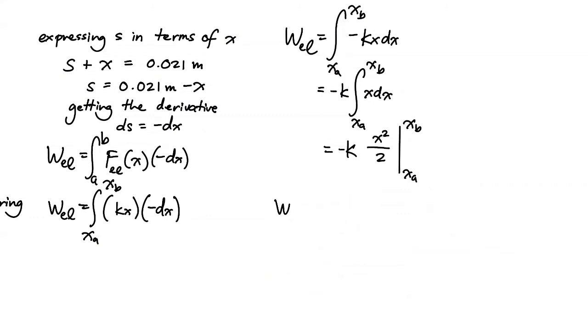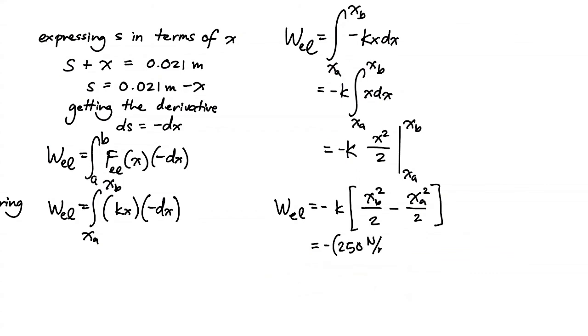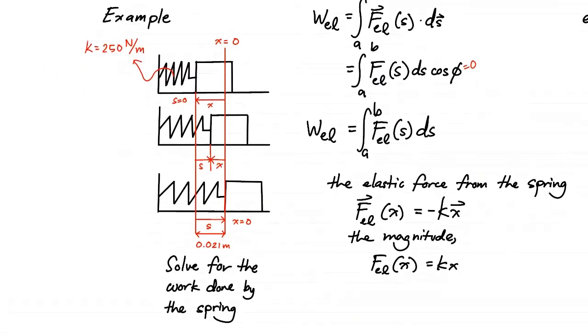So, evaluating doon sa start and end values, we should get negative k xb squared over 2 minus xa squared over 2. So, let us substitute yung given values natin. Our k is 250 Newton per meter. So, this is from our given information kanina.